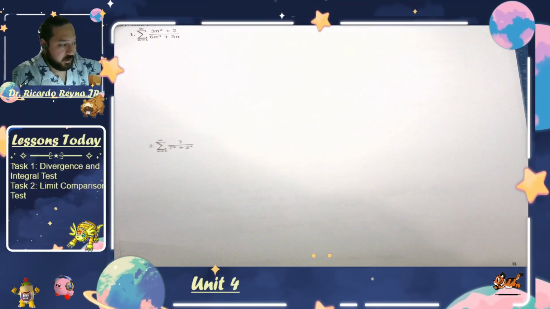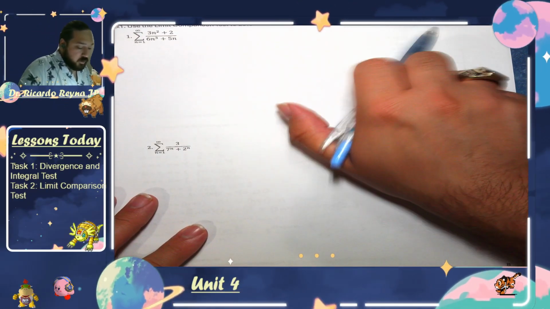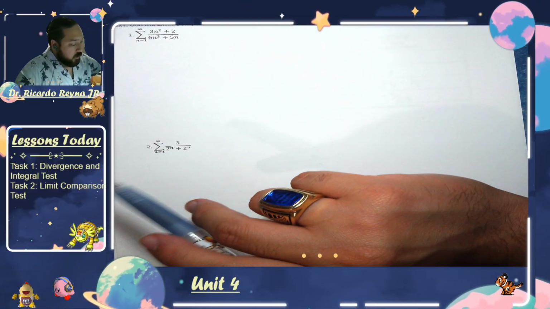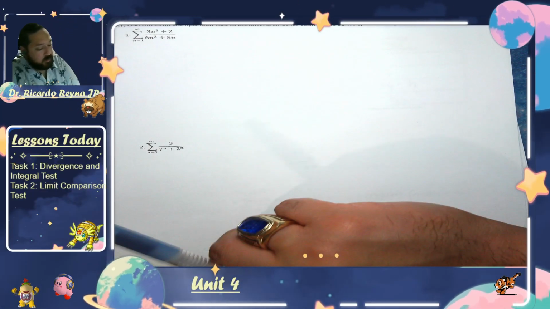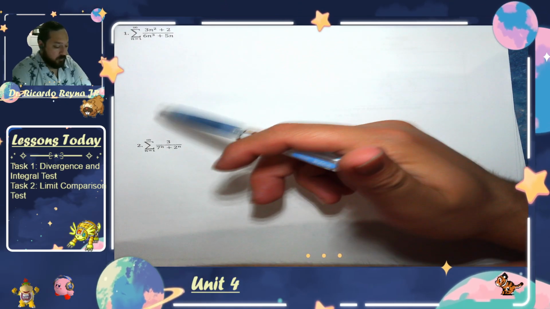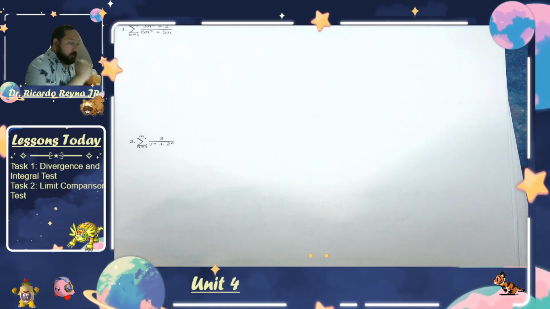Use the limit comparison test to determine whether each series converges or diverges. So we're going to start here. Now, for this guy, what is a bit tricky is the usage of these polynomial expressions.